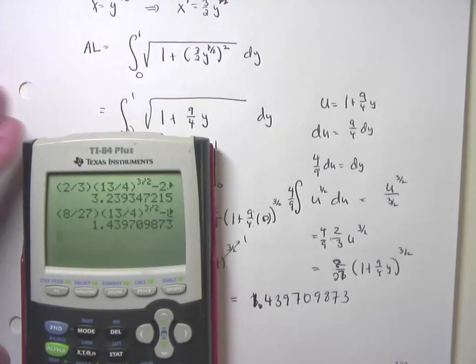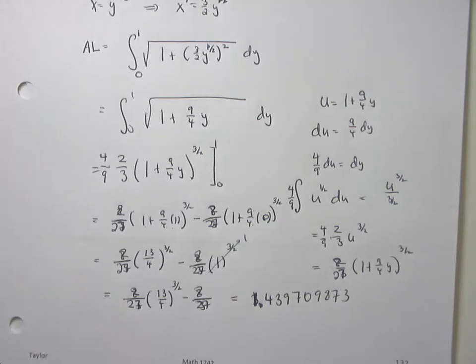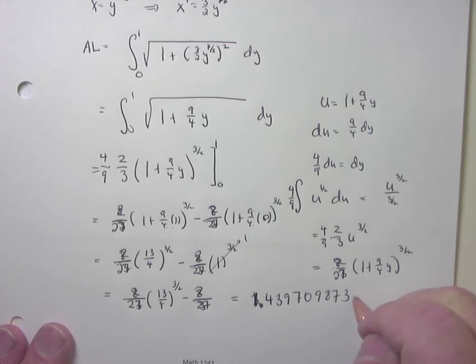And what kind of units would I put on this thing? Units. This is arc length. Units squared is area. Units cubed is volume. Units is just length. This is units.